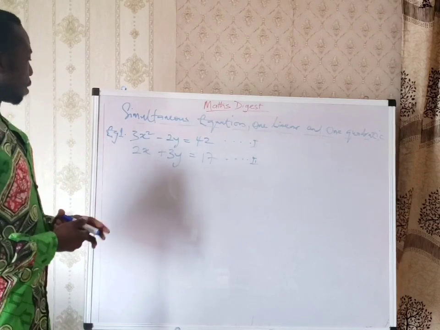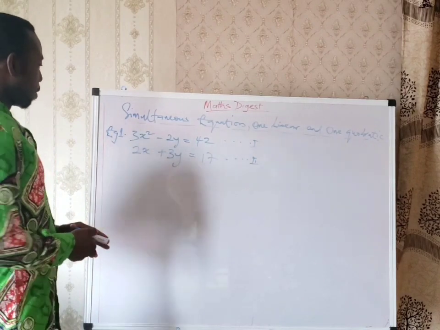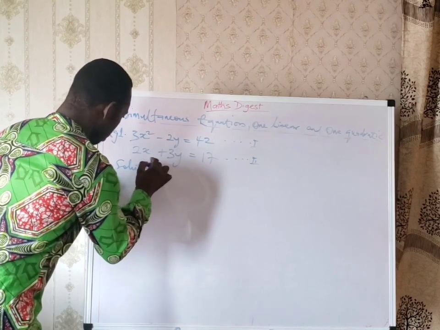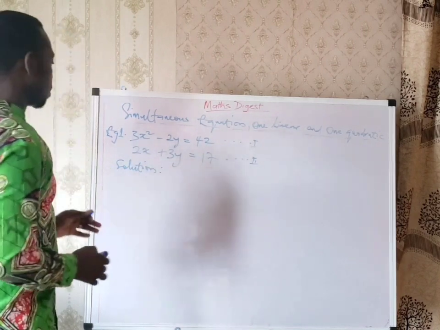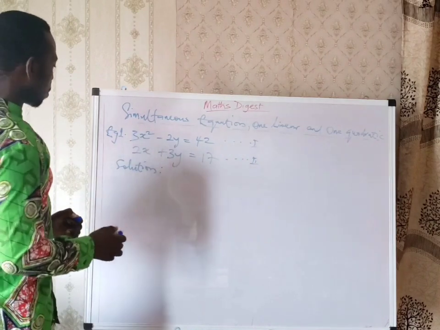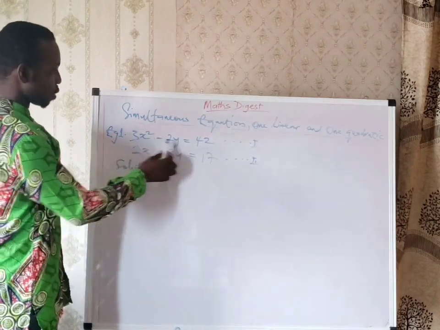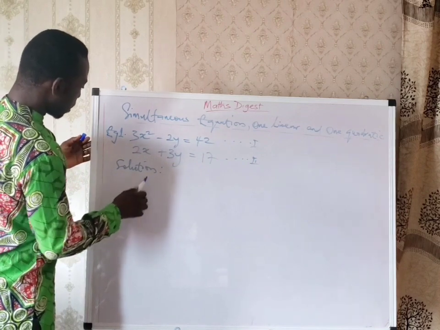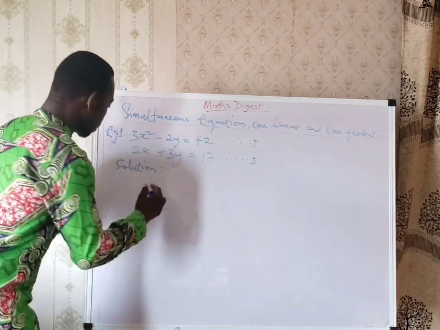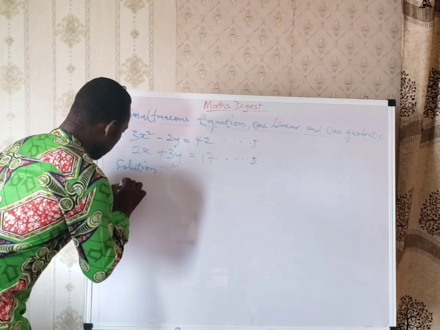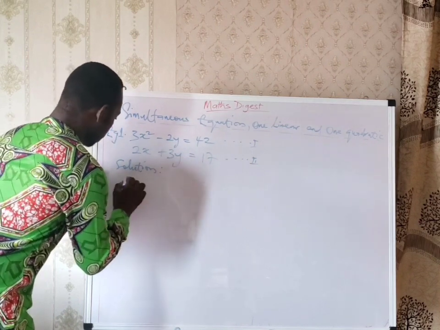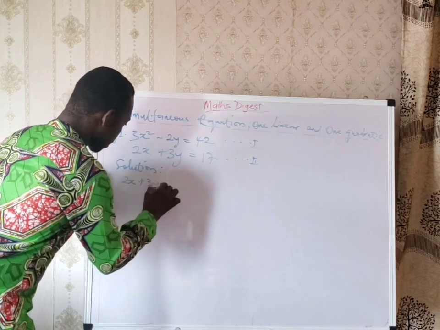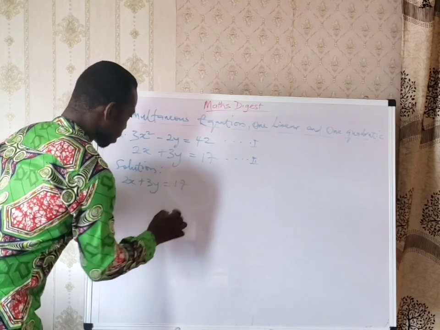Solution. If you look at these two equations, you find out that the first one is quadratic, while the second one is a linear equation. So what you do is let's bring down this second equation, that's 2x plus 3y equal to 17.